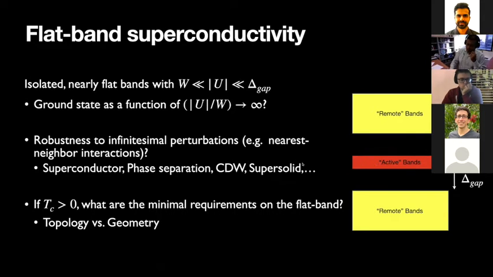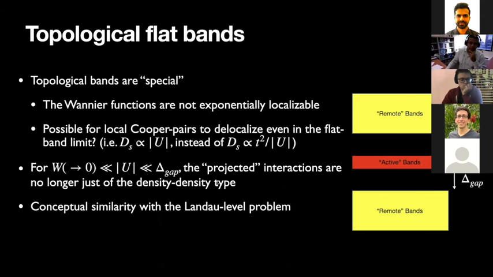And as I will argue in the very next slide, what controls this non-trivial behavior of the finite phase stiffness is that when you project your interactions, the local attractive U-Hubbard interactions that you started out with, to these active bands, they become non-trivial. They are no longer just of the simple density type. And that is really what's going to drive all of this physics.